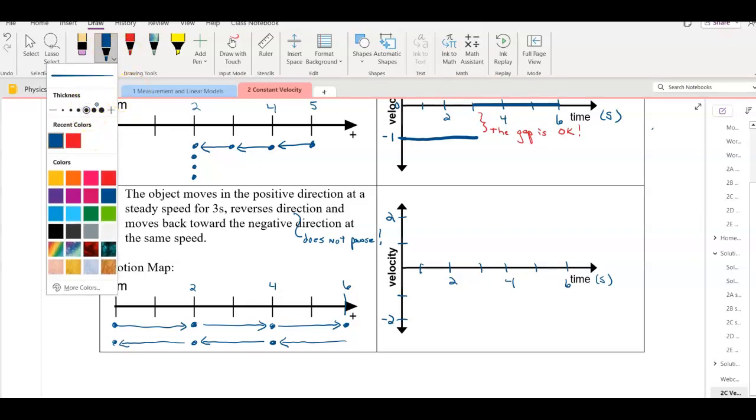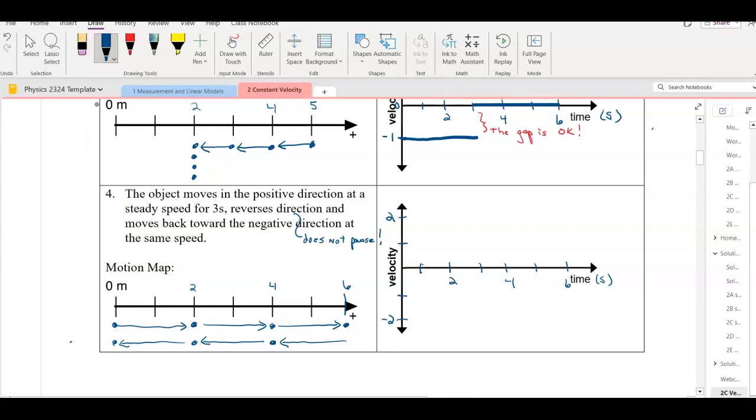Okay, so for those first 3 seconds, when it's moving in the positive direction, it's moving 2 meters every second, so I'm going to show a velocity of 2 for the first 3 seconds. And then it immediately turned around without pausing and went back in the other direction at a velocity of negative 2 meters per second. So I have this big gap, but I know that that's okay.